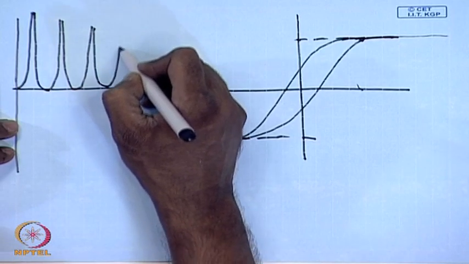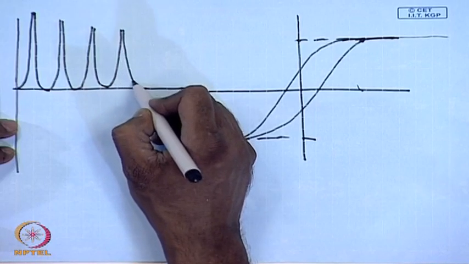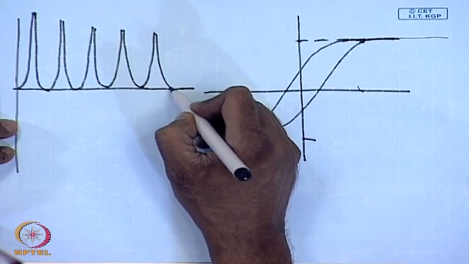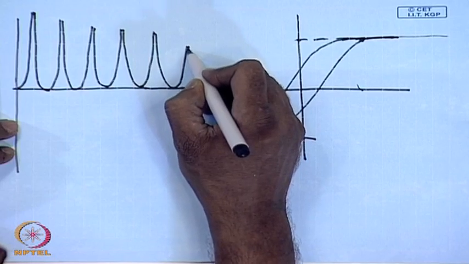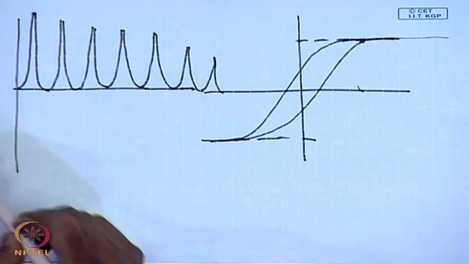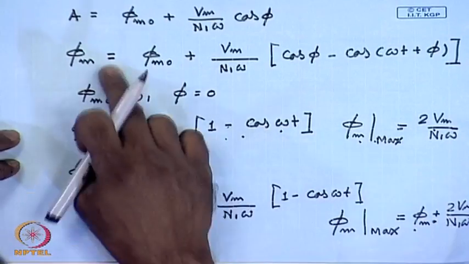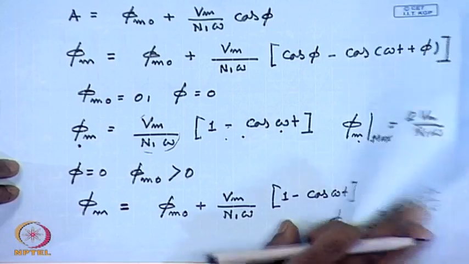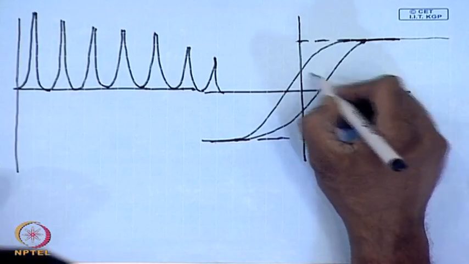and it will gradually decrease, because we have assumed the winding resistance to be 0, which will not be 0, but for the first few cycles the current can be really very large and completely positive. Please note that in this expression phi m never becomes negative, hence I m also never becomes negative.